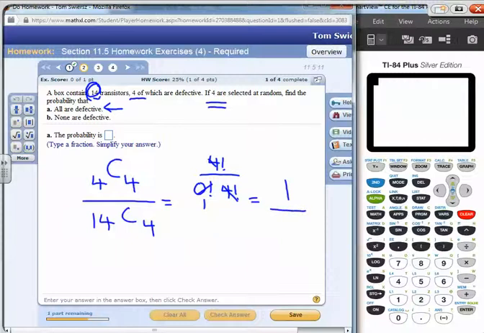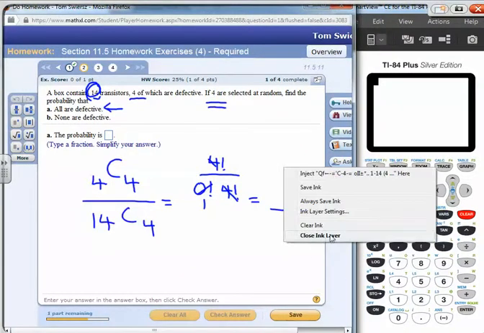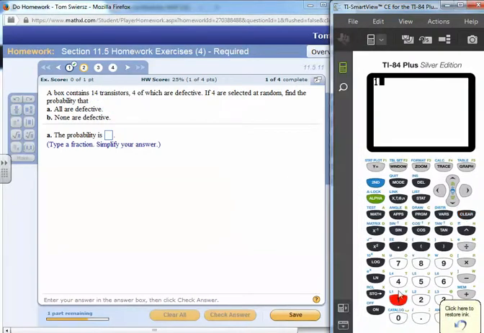14C4 we can do on our calculator. That's a little bit more computation, so we'll do that on our calculator. So we'll do 14, math, over the probability, or choose, and then we have 4, and so we have 1,001.